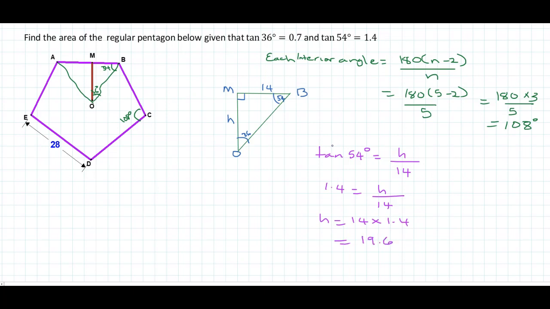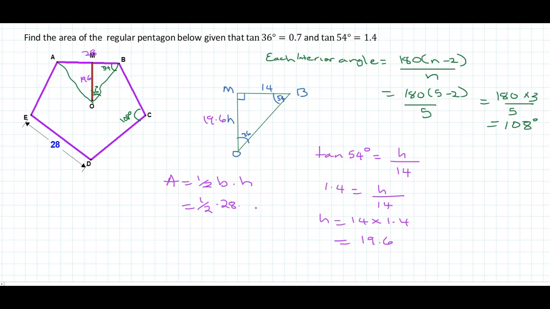So now let's find the area of this triangle. So we are going to go ahead and multiply. Find out the area is 1/2 base multiplied by height. So the triangle is now going to be 19.6, and then we have 28 over here. So it's going to be 1/2. Your base is 28.